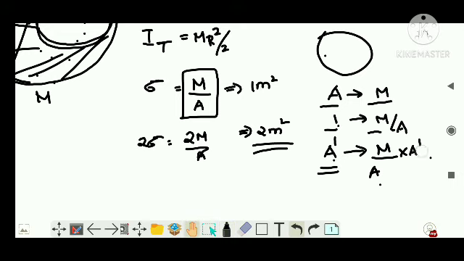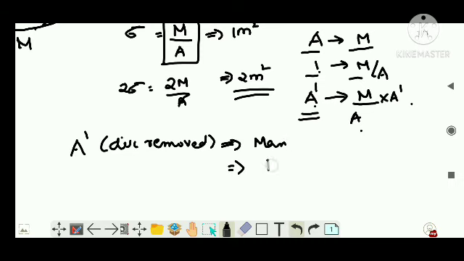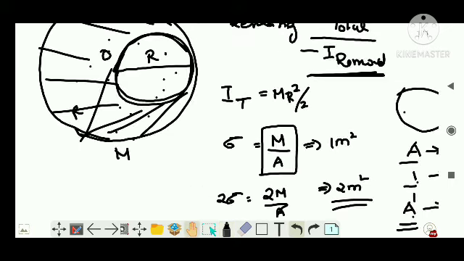Now this A dash is the area of the removed disk and A is the area of the full disk, right? So the removed disk has mass equal to the total mass by the total area of the entire disk, into A dash, the area of this small disk.